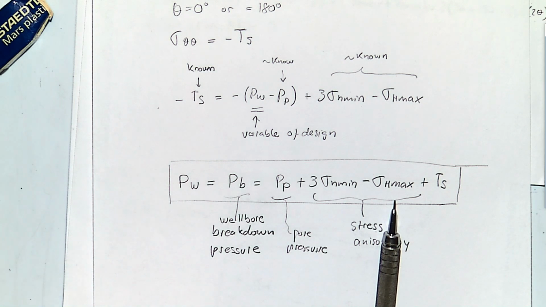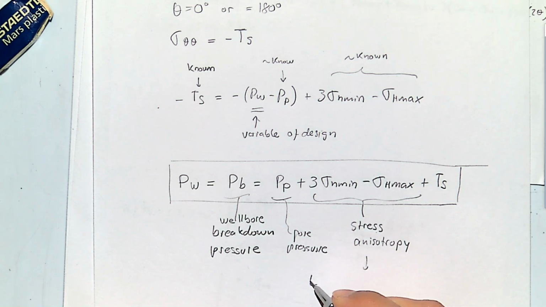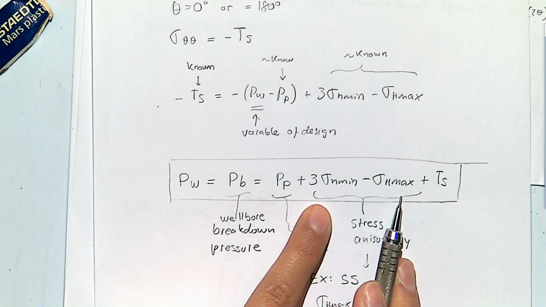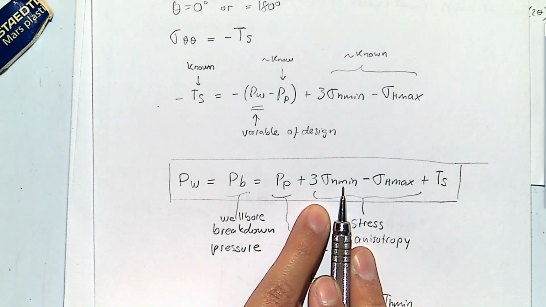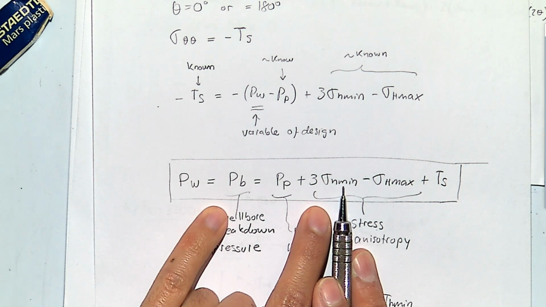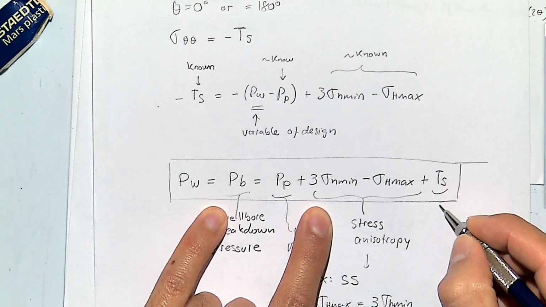So if I'm in condition of strike slip and sigma H max is equal to 3 sigma H mean, that means that this is going to be 0. All these terms are going to be 0. And the only resistance that I have in order to have the wellbore intact or not to fail in tension is just the tensile strength, which is this last term.